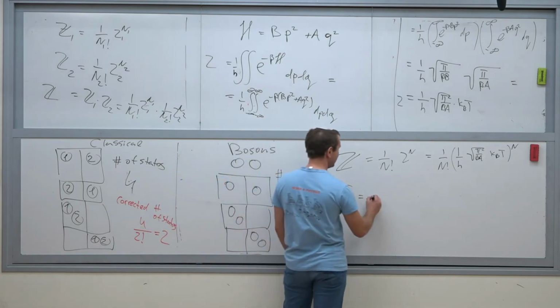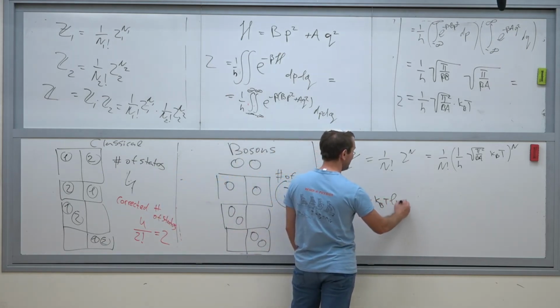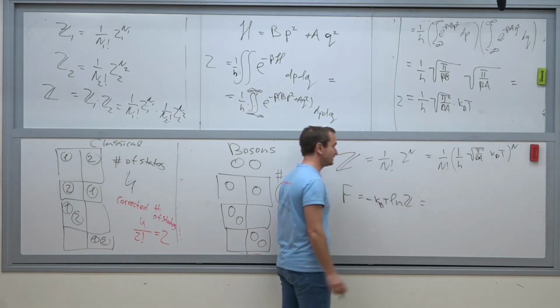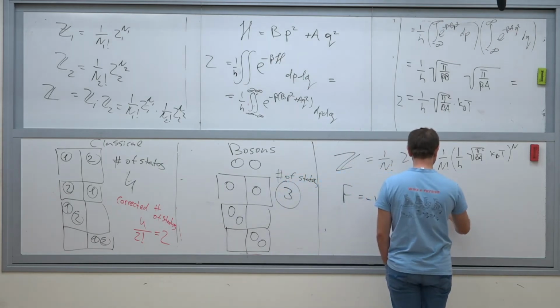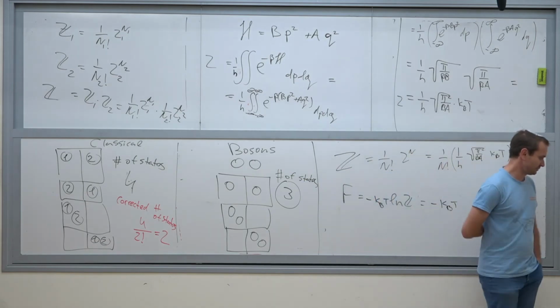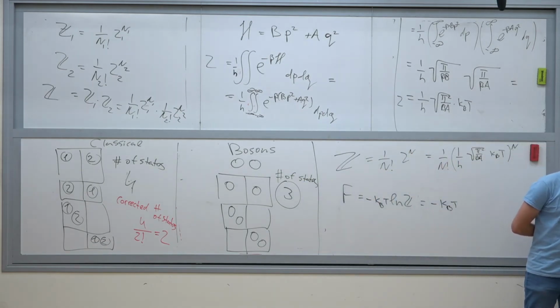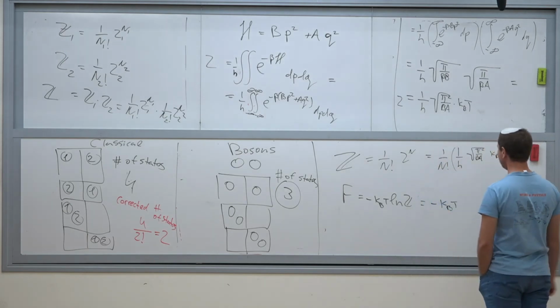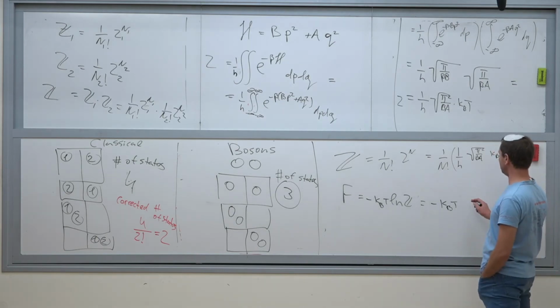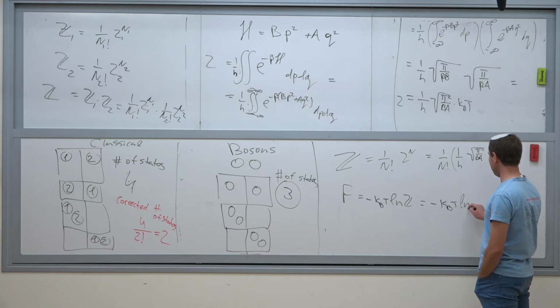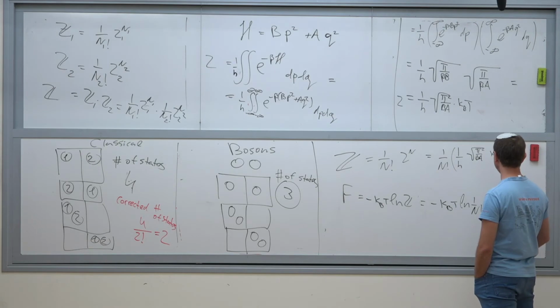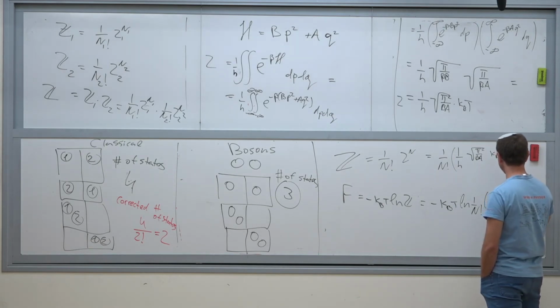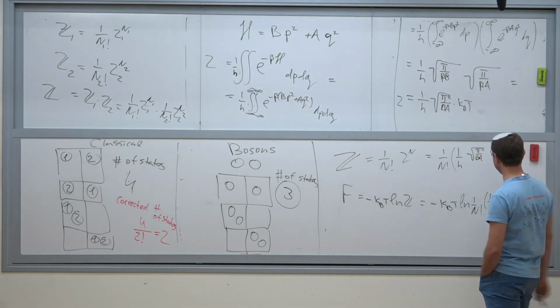It's minus k Boltzmann T log of Z, and it's simply minus k Boltzmann T, here I would have log of 1 over n factorial, 1 over h bar, square root of pi squared b a k Boltzmann T to the power of n.